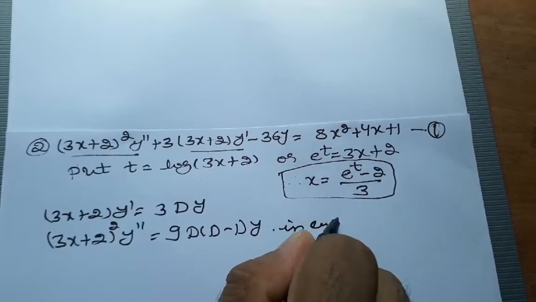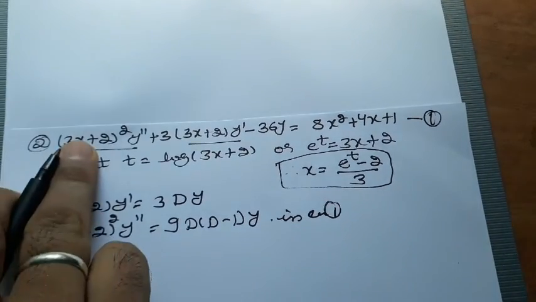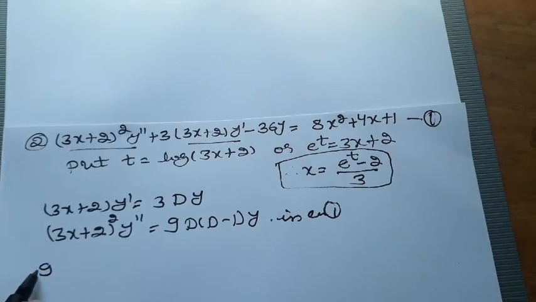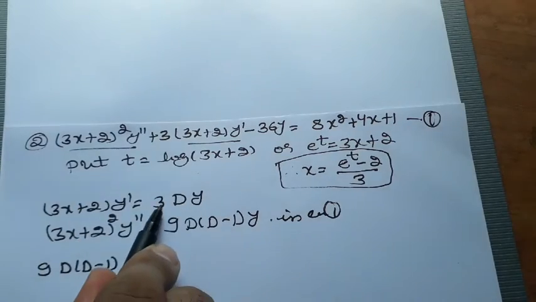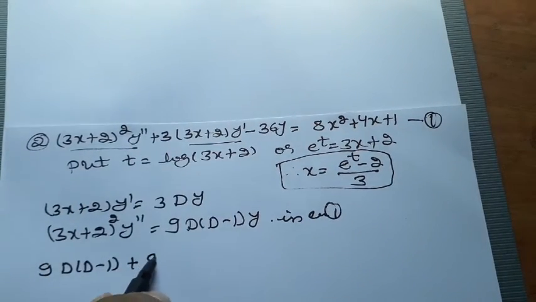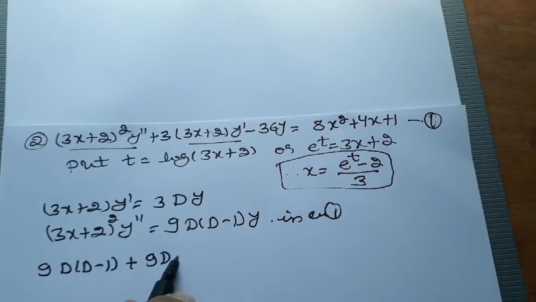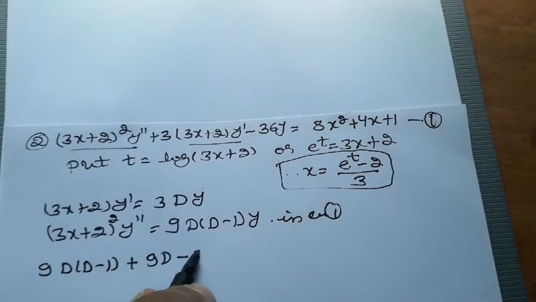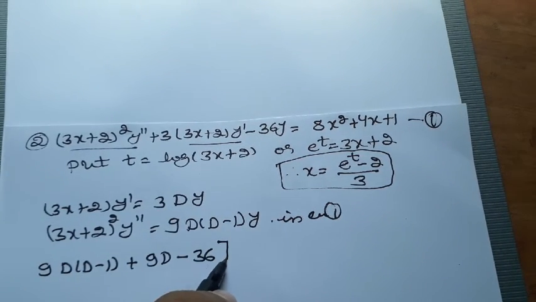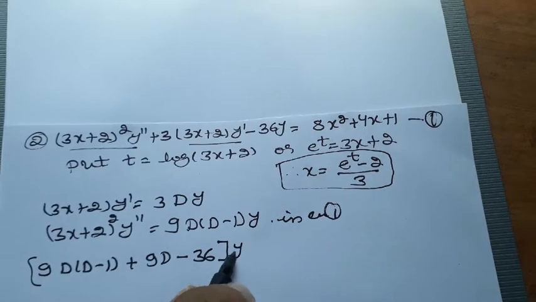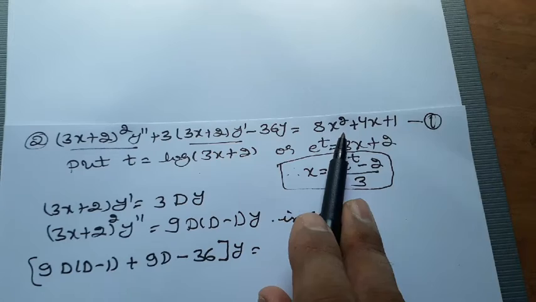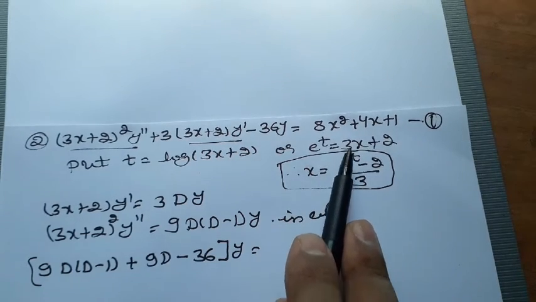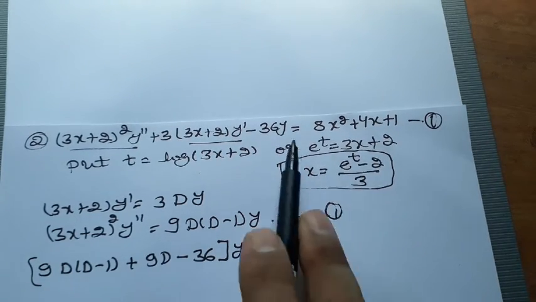In equation 1, what will I get? 9 D(D-1) y, taking y common, plus 3 into 3 is again 9 D y, minus 36 y, is equal to, when I put x in this equation, wherever x is there you replace it by (e^t - 2)/3, and solve it.